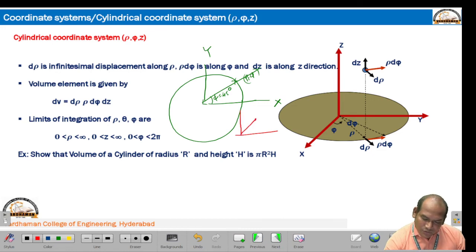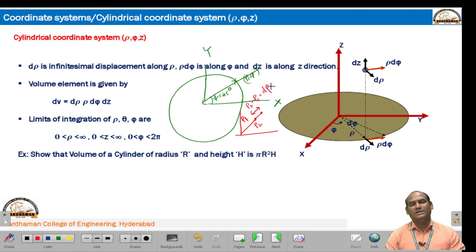Then if this is the rho, if rho is increased by some amount, this is rho 1 and this entire length is rho 2. What is this length? Rho 2 minus rho 1, that itself is called d rho. Now, you observe one thing, rho is actually a distance. It is the radius of the circular cylinder, in 2D circle, in 3D cylinder.